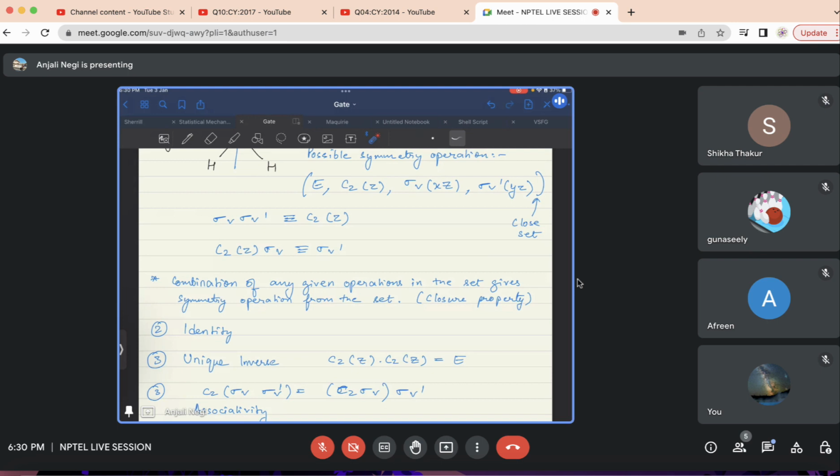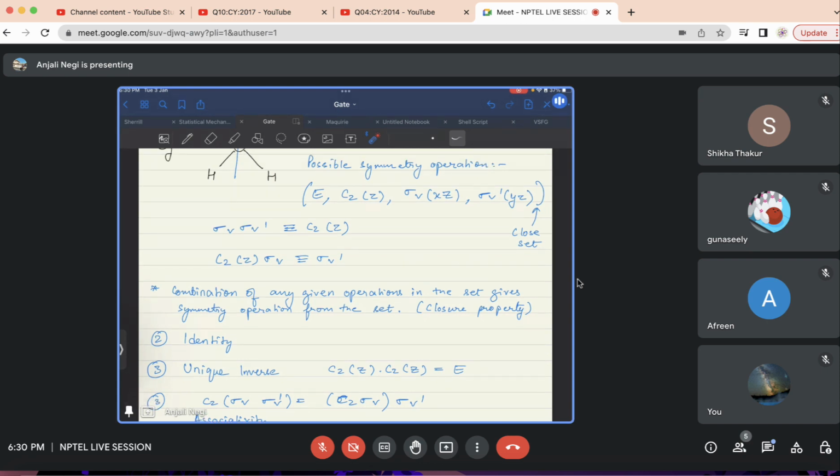The second that we look into is the identity property in a point group. For example, just forget about the name point group. If I am just saying identity, it means that in the set that we have just written, there should be one identity operation.